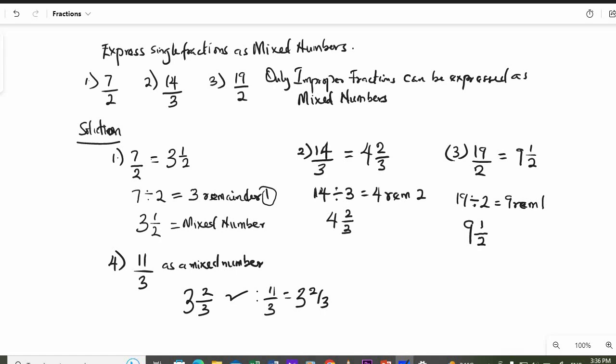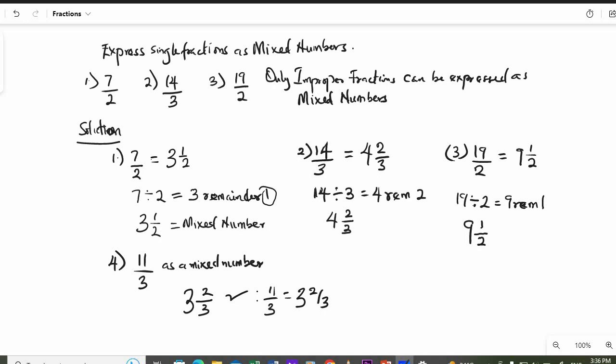Now if you take a look at all the fractions that we had here, we'll see that all of them are improper fractions because the denominator, I beg your pardon, is smaller than the numerator. Okay, now this makes a lot of sense because in trying to divide the numerator by the denominator, for us to have a whole number part, the numerator has to be bigger than the denominator.